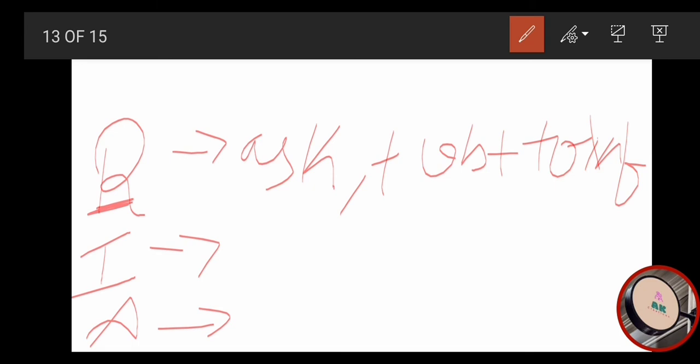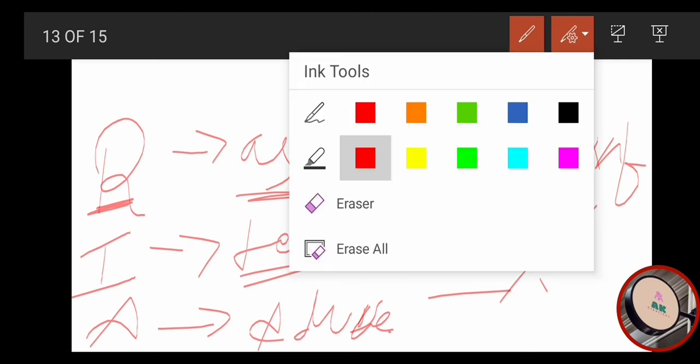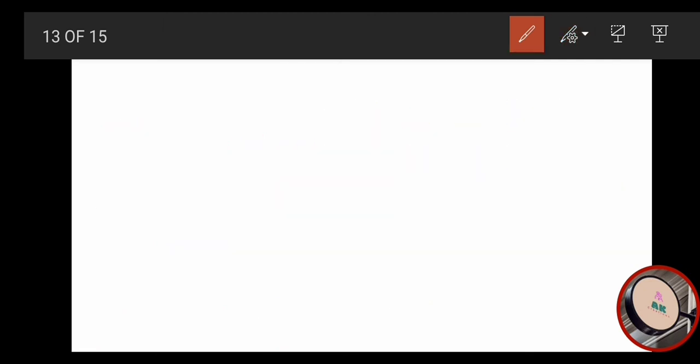Then for an instruction, ask will be tell. For advice, the same thing: object plus infinitive. So write down that point I told you right now, that is the reporting clause.